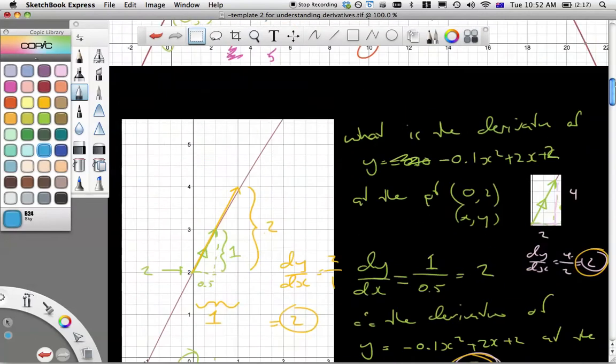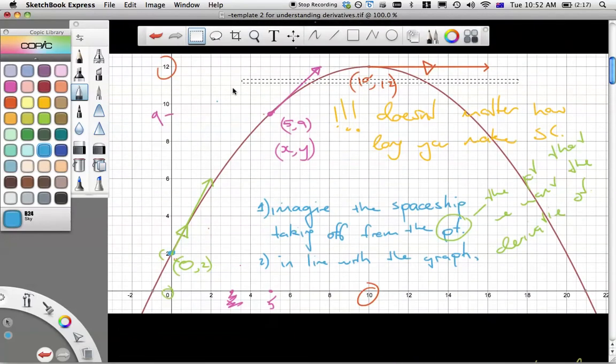So the x values of where we launched our spaceship from originally were, let's use this color, first 0, then 5, then 10.